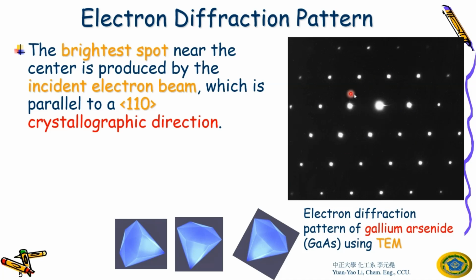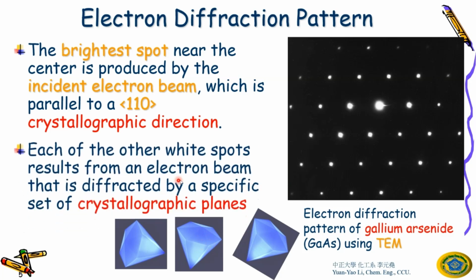In this case, you can identify which crystal plane is present. Each of the other white spots results from the electron beam being diffracted by a specific set of crystallographic planes, which we call 110. And this material was identified as gallium arsenide.